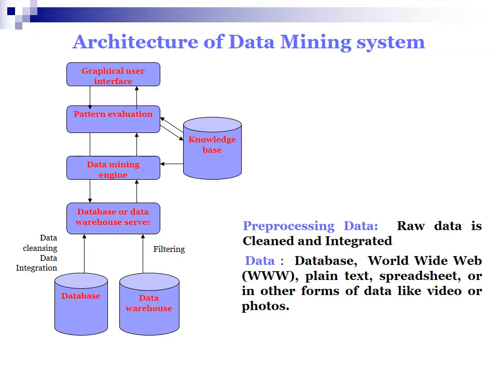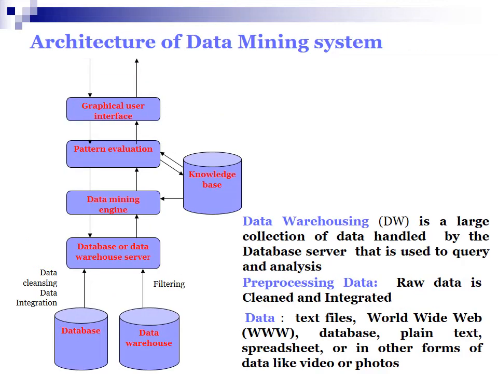These data are in unstructured form, so the raw data is cleaned, integrated, and stored in a data warehouse. A data warehouse is a large collection of data handled by the database server that is used for query and analysis.